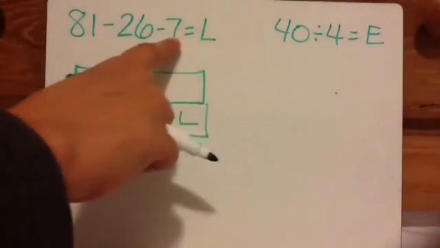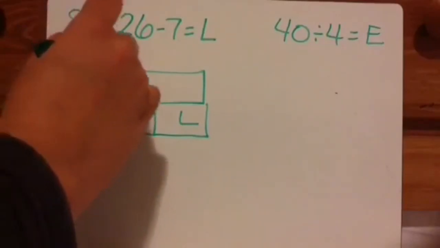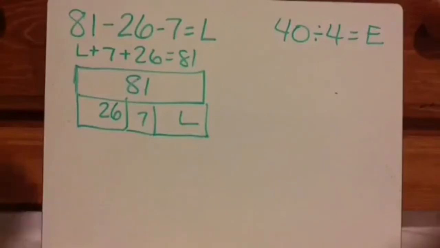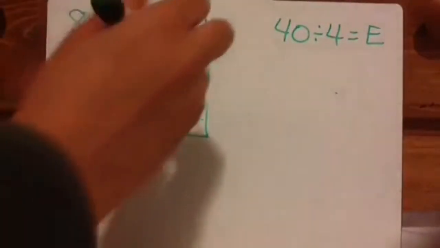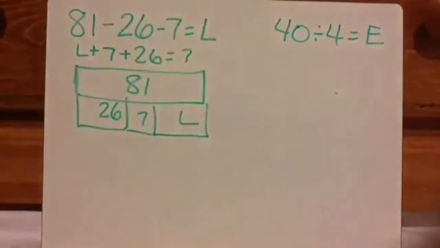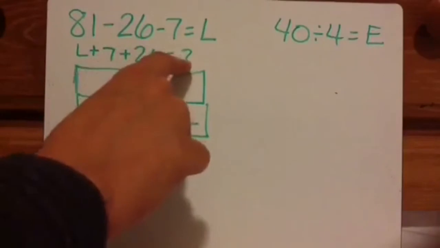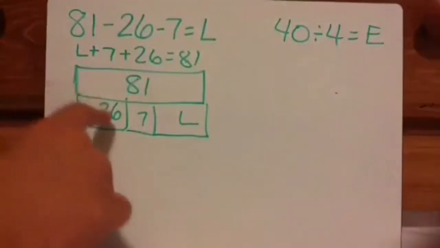Now, if I did an addition representation, it would be this plus this plus this equals this. So let's just do that. L plus 7 plus 26 equals 81. So I would be solving for this, technically, right? I would have to show this plus this plus this equals the total, which we know is 81. So I'll just put 81 back there again.